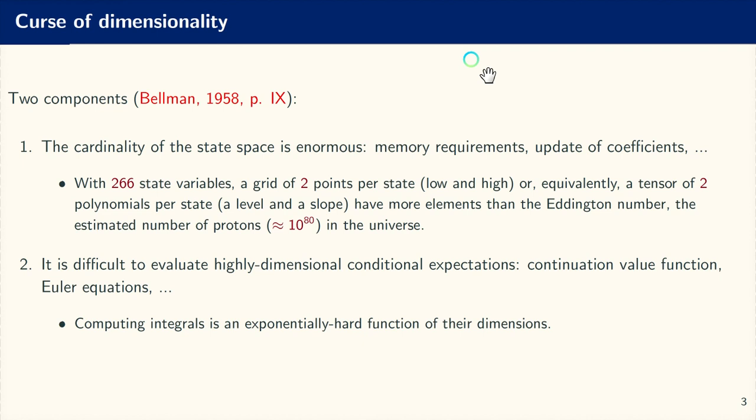Because you have a lot of state variables, you will need to evaluate things like continuation value functions or Euler equations that involve integrals of future values of those state variables. And computing integrals is an exponentially hard function of their dimensions. Solving an integral in 10 dimensions is much harder than solving an integral in 2 dimensions. And that puts a bound on how accurate of a solution we can get.